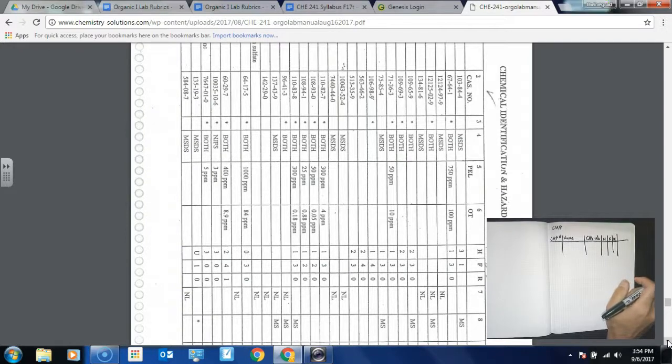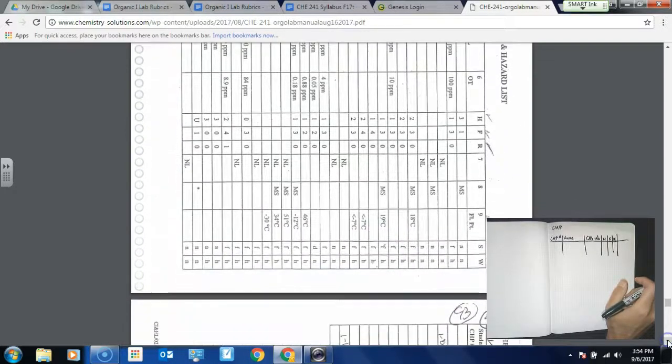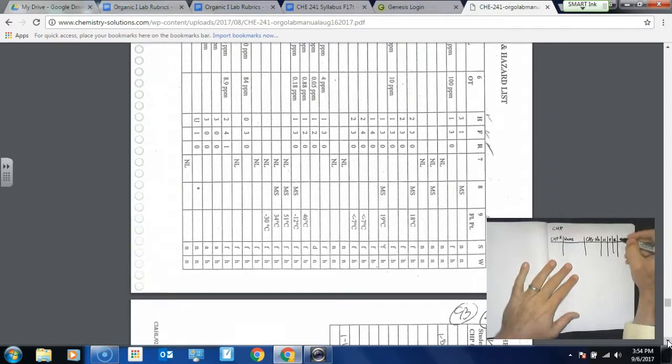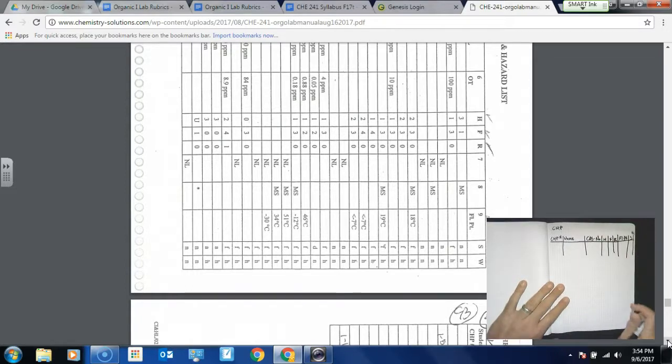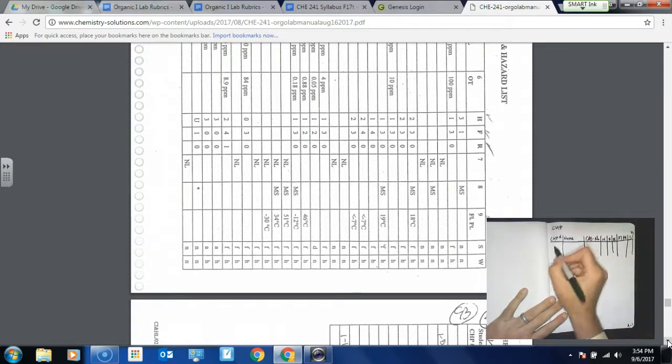And then you are going to write down the flash point, F, flash point, the solubility, that's what S stands for, and then the W, which is the waste code. Okay? And so you are, in essence, going to write down every chemical that you're using.